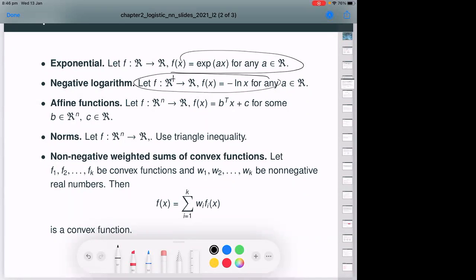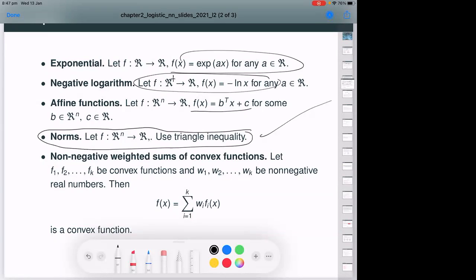Okay. So the affine function, a linear one, of course, something linear, will also be convex because you can take the tangent and it works. I will let you do this proof, which is quite nice. So for any norm, by using the triangle inequality, you can show that norms are convex functions.